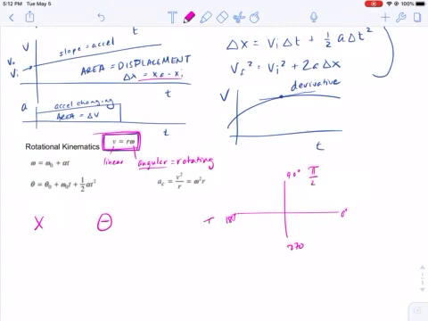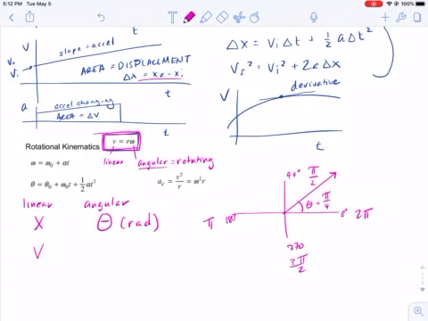Now we can also use radians. And so your position on the unit circle, like if I'm right there, that angular position would be pi over 4. Okay, so linear, angular, and this is measured in radians.